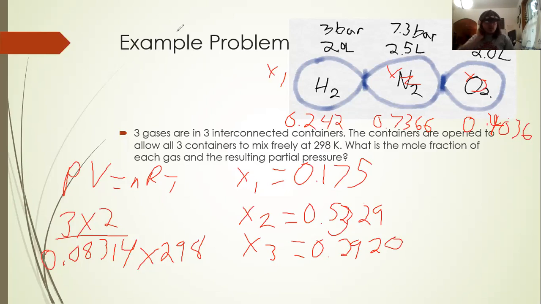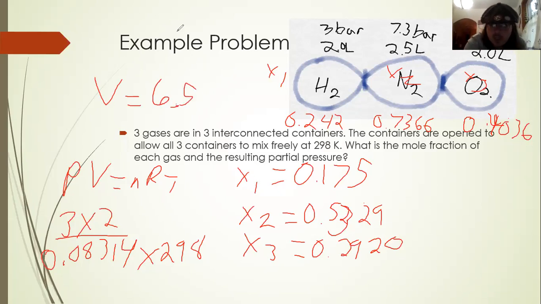Now, you get the partial pressure of each gas. If I can find the pressure of this total situation, I can find the partial pressure of each one. So now please note, the pressure of each one will change drastically because we're allowing the volume to expand to fit the total situation. Our new volume is now 6.5.